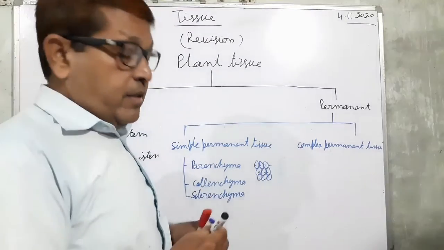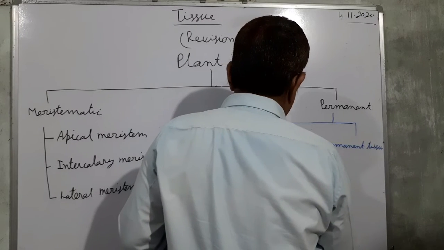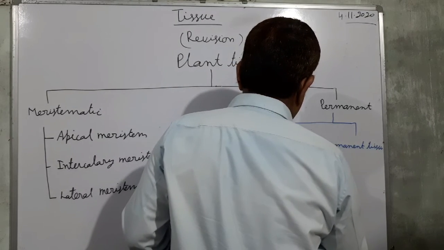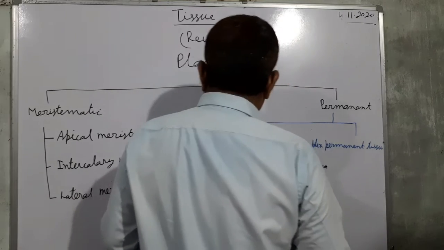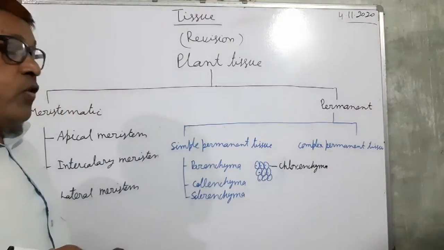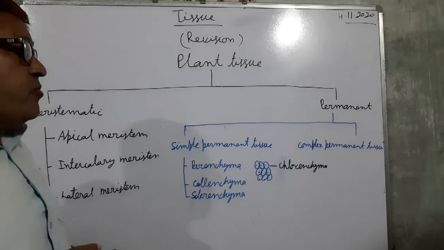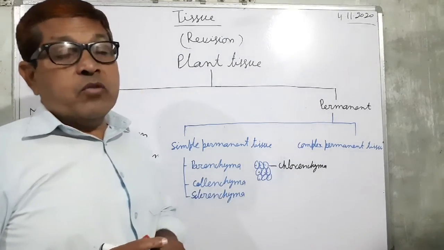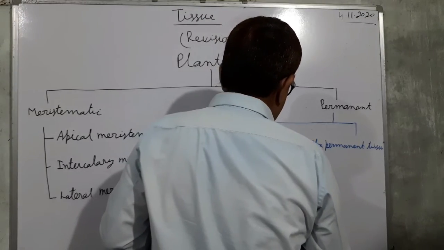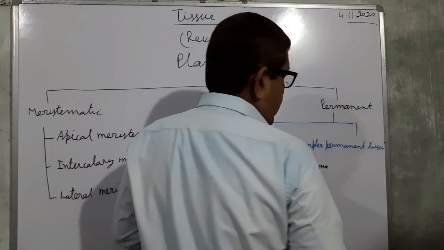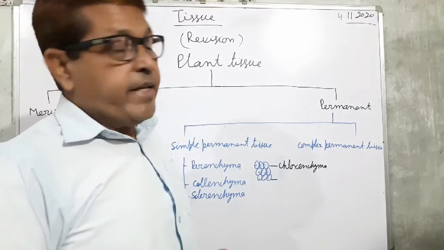When parenchyma develops chlorophyll, it is called chlorenchyma, and chlorenchyma makes food for the plants. When parenchyma develops air cavities or air spaces, it is called aerenchyma.